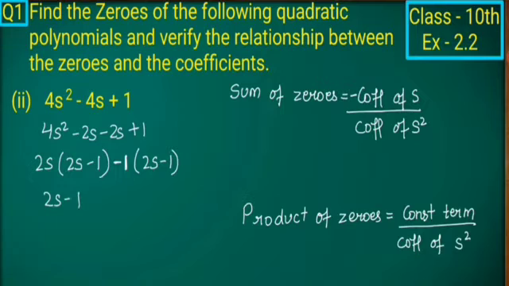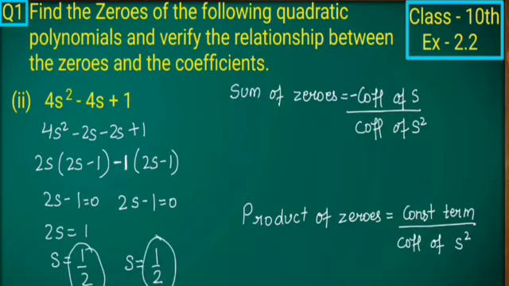So the factors of this equation will become 2s minus 1 and 2s minus 1. So the value of s is equal to 1 upon 2. You will get two values of s and both are equal, that is s is equal to 1 upon 2.